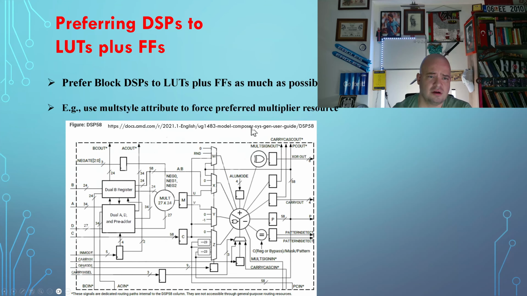Next one is preferring DSPs to LUTs plus flip-flops. Arithmetic operations like multiplication, subtraction, multiply and accumulation, some pattern detection, etc. are doable by slices or ALMs as well.